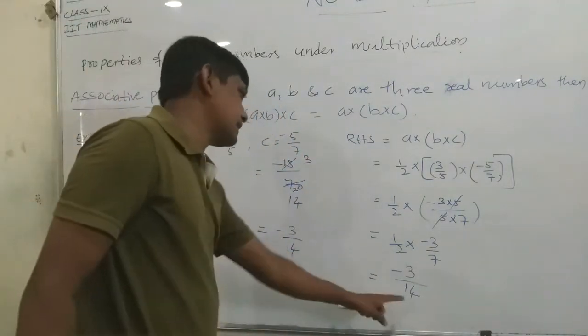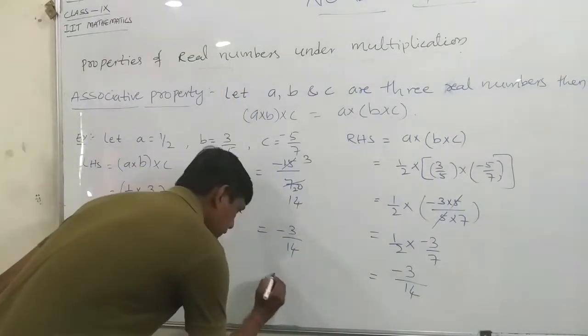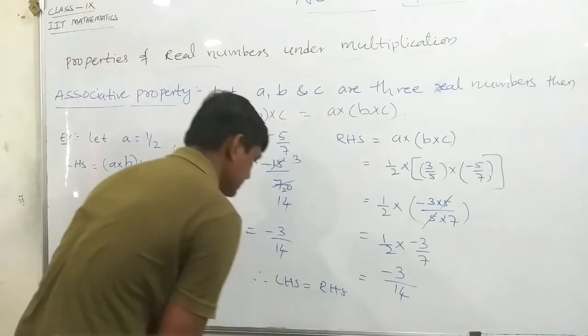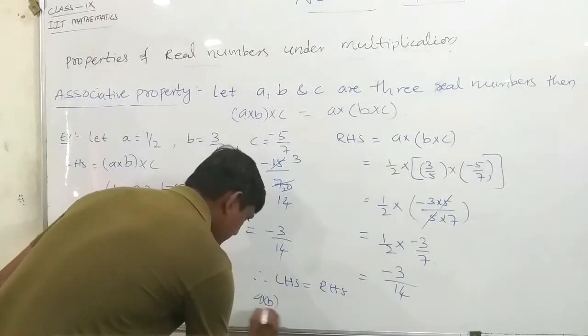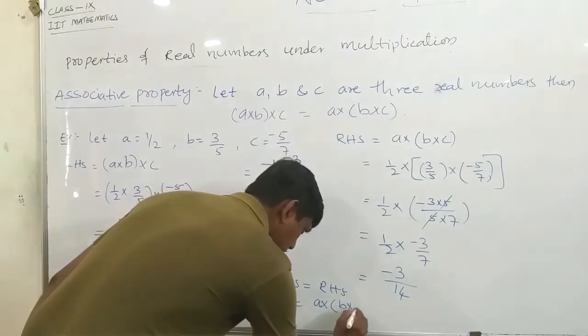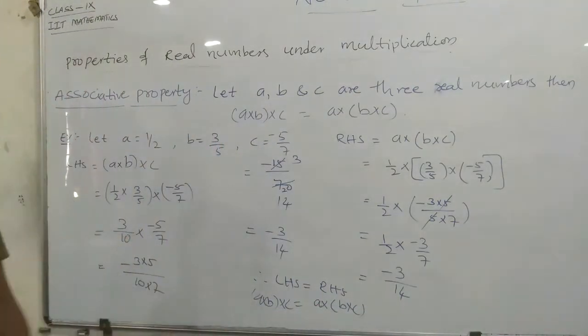See here LHS and RHS are equal. Therefore LHS is equal to RHS. Then A into B into C is equal to A into B into C. So both are equal.